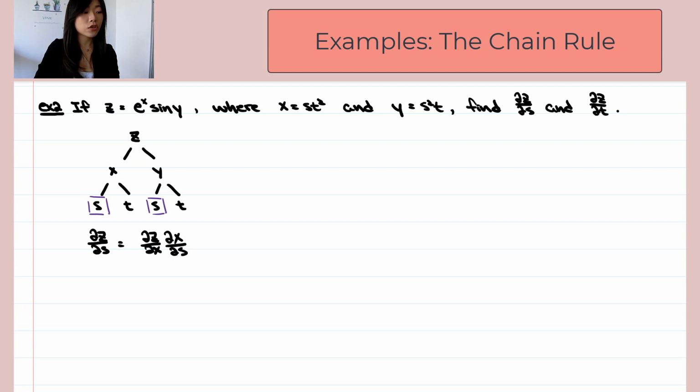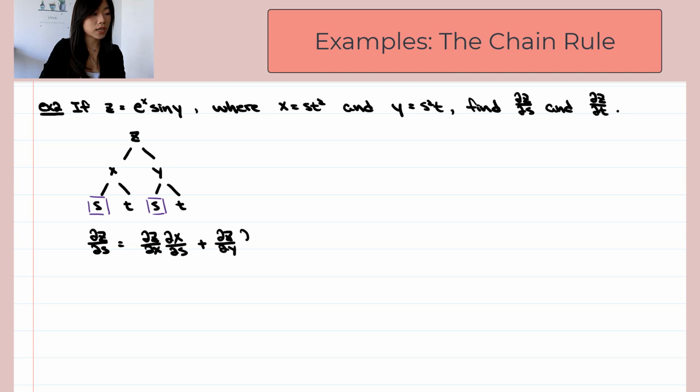And here I use the partial derivative for x, since x is a multivariable function. It is a function of s and t. Then along the right side branch, to get to the s, I need to pass through y, so dz over dy, and then y to s, so times dy over ds.